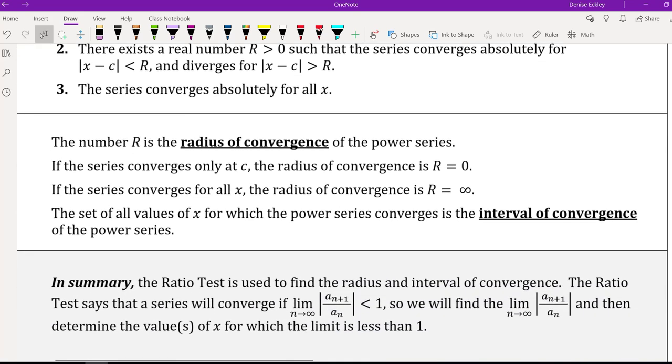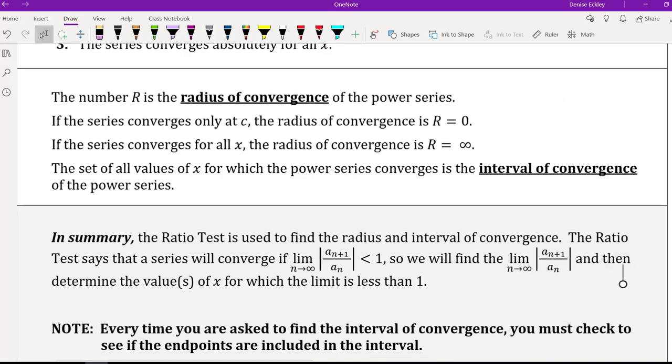That R is the radius of convergence of the power series. If the series converges only at c, then R is 0, because there is no radius, it's just that point c. If it converges for all real numbers, then R is infinite. It's not really a real number.